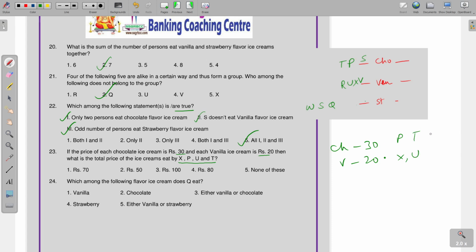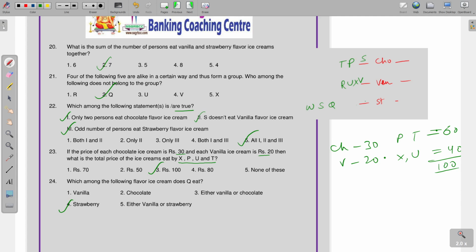So 30 plus 30 is 60 and 20 plus 20 is 40. The total sum is 100 rupees. Next, which flavor of ice cream does Q eat? Q eats only strawberry. Option 4 is the answer.